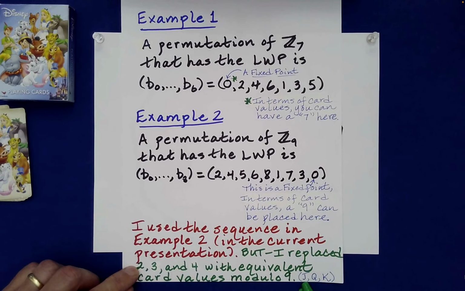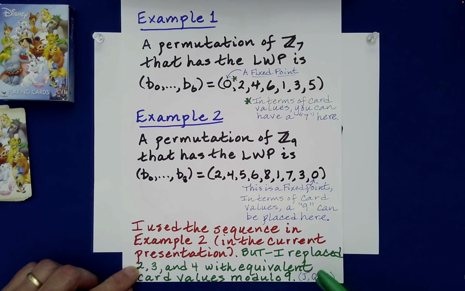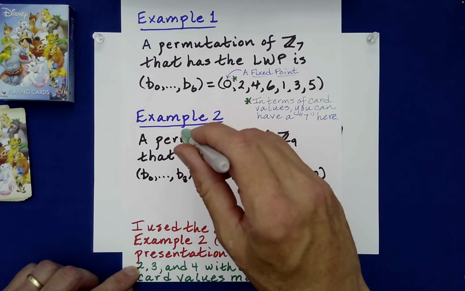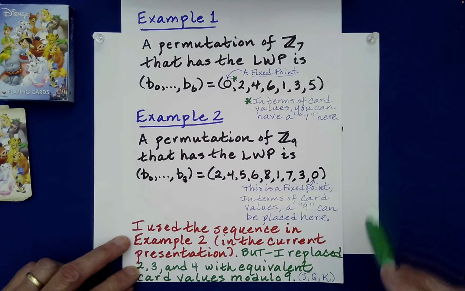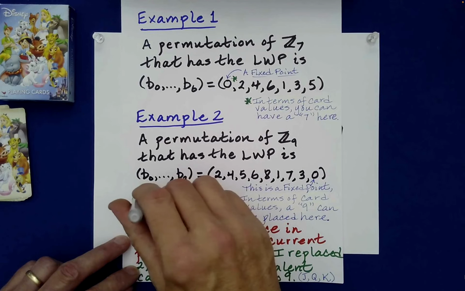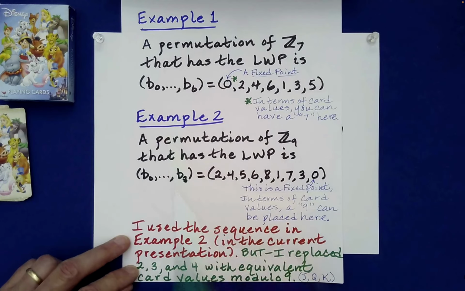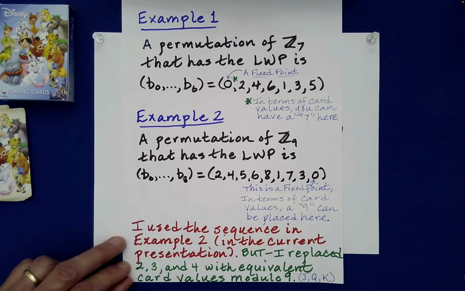Well, it's because there are 9 positions in our circle, right? So going 2 in our walk is the same as going 11 for a walk, right? Because you're going to go all the way around in 9 steps, and then you're going to go 2 more. So we say that 2 and 11 are equal or equivalent modulo 9.